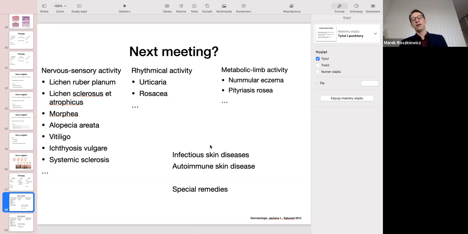And here, also, according to Leeser-Jachens, we have quite a lot of different diseases connected with the different activity.